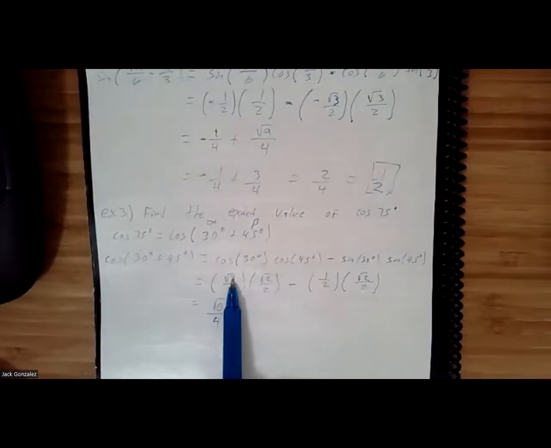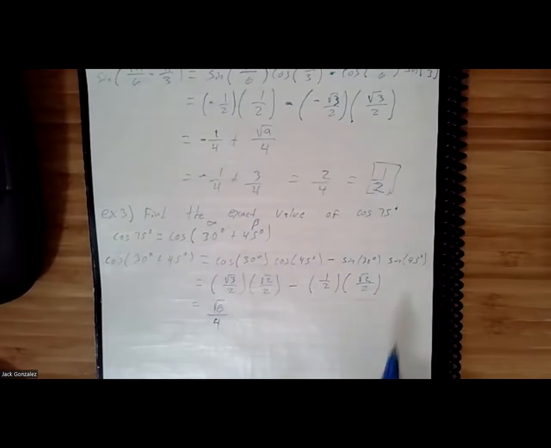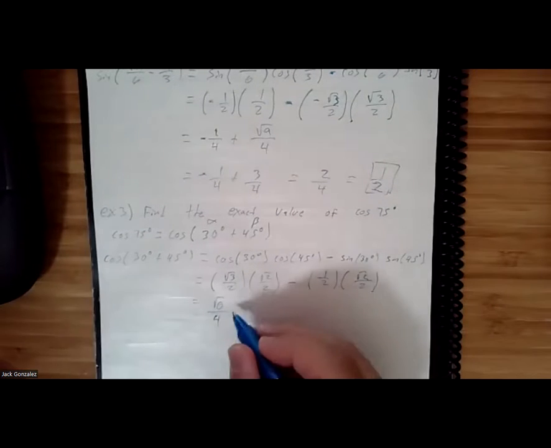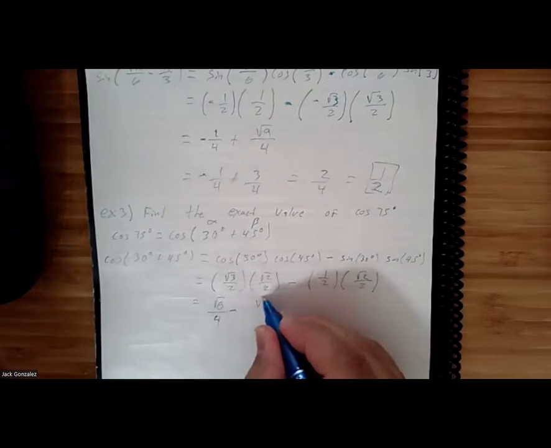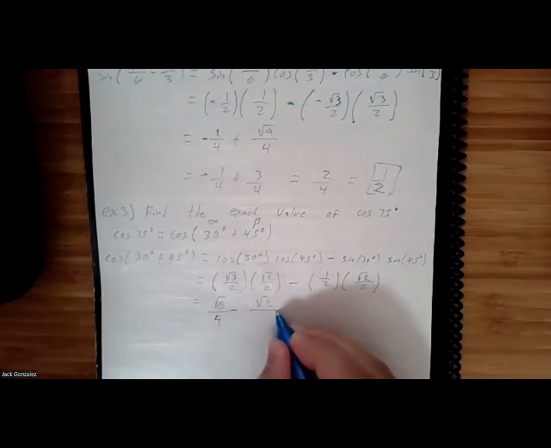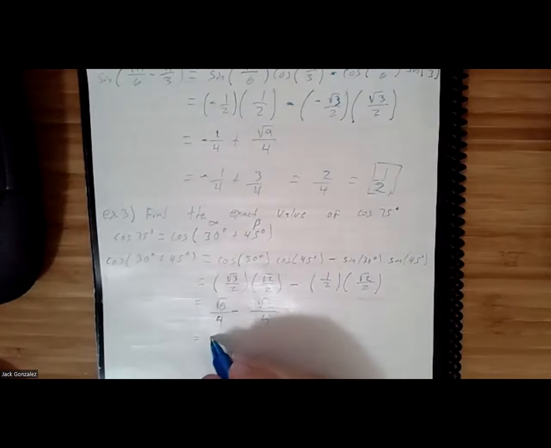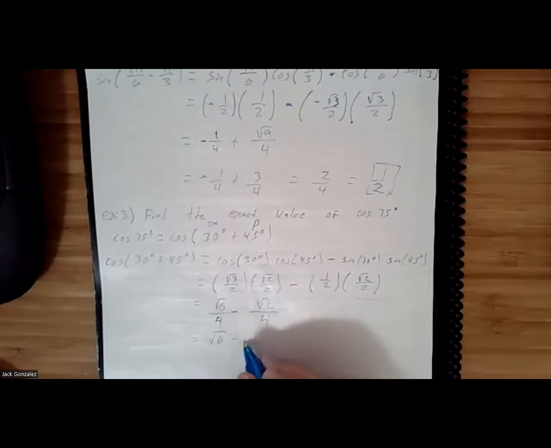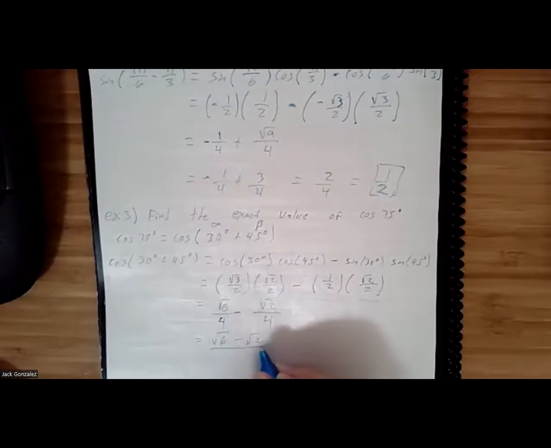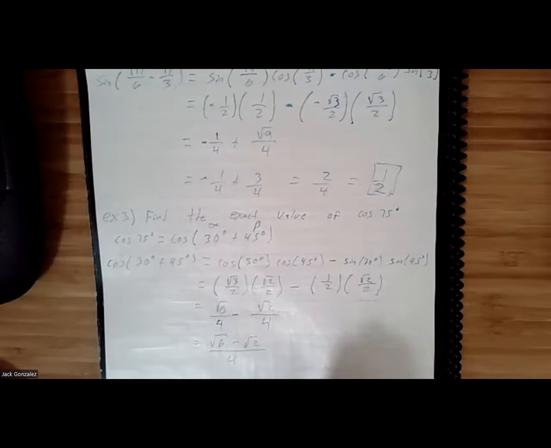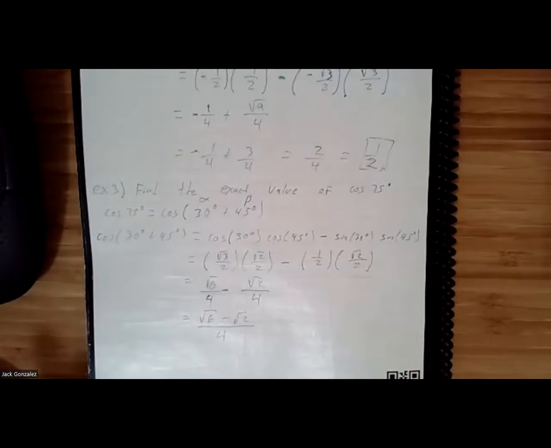Multiplication, you're good though. 3 times 2, 6. 1 times that is itself. 2 times 2 is 4. Okay. So far, is this section making sense? I'm hoping it's not too bad.